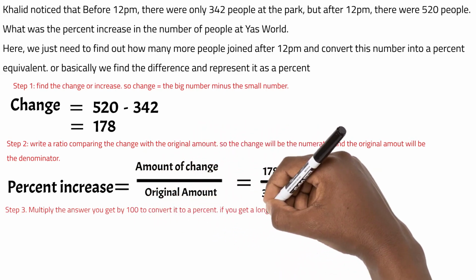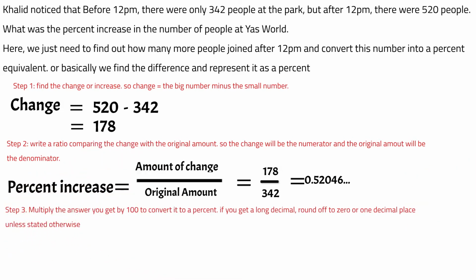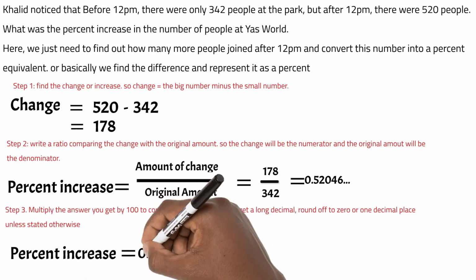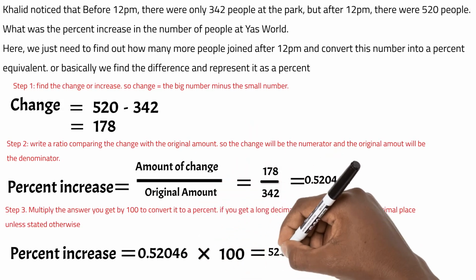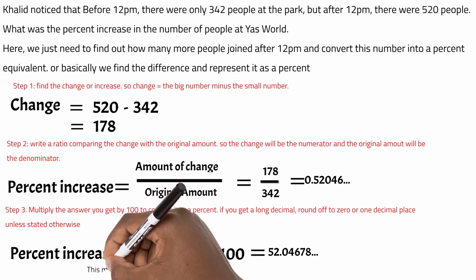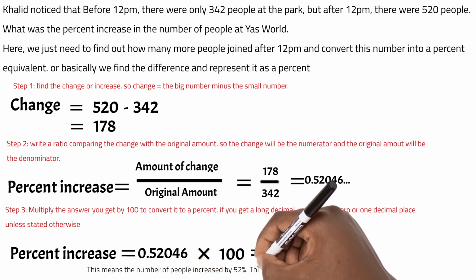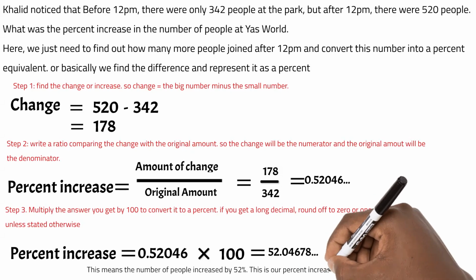If you get a long decimal, round off to 0 or 1 decimal place unless stated otherwise. In this case, in step 2 we got a long number 0.52046 and so on. So we multiply this number by 100. So we get 52.04678 and so on, so I will round off to 0 decimal places or nearest percent, so the answer then is 52. This means the number of people increased by 52%. This is our percent increase.